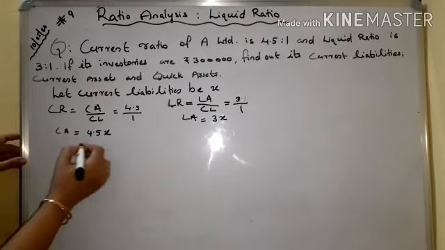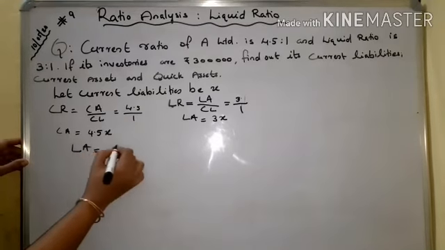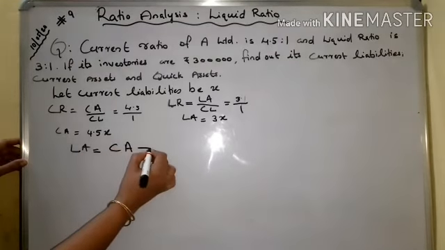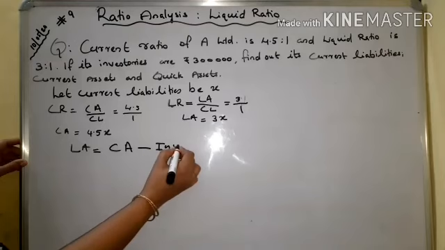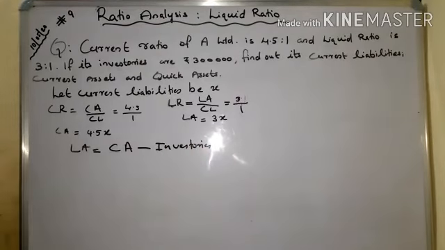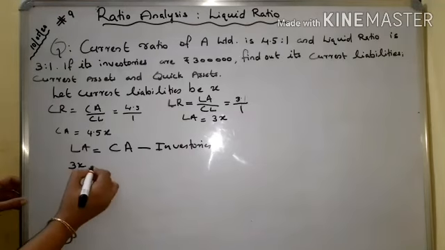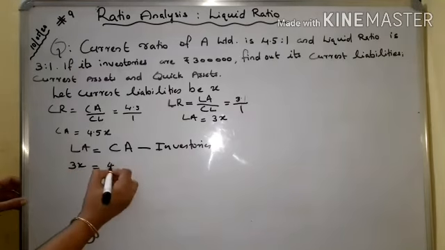We know liquid assets is equal to current assets minus inventories and prepaid expenses. But here, prepaid expenses are not mentioned. So liquid assets 3x equals current assets 4.5x minus 3 lakhs.